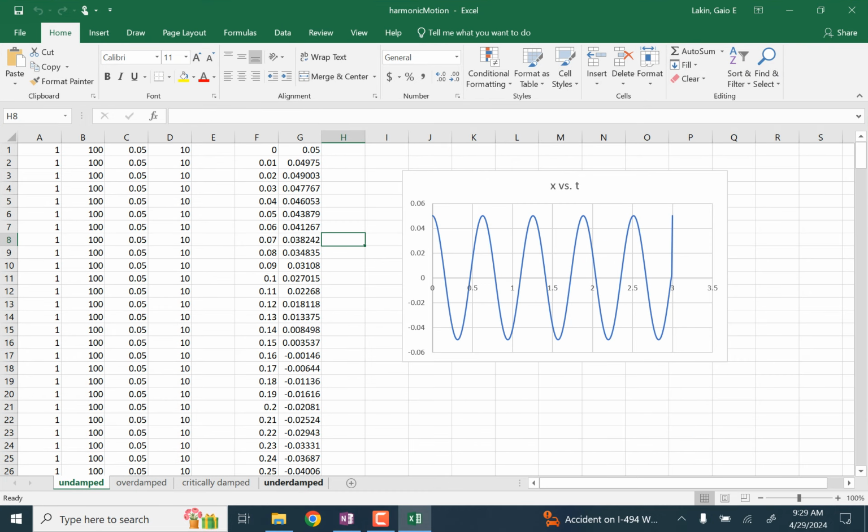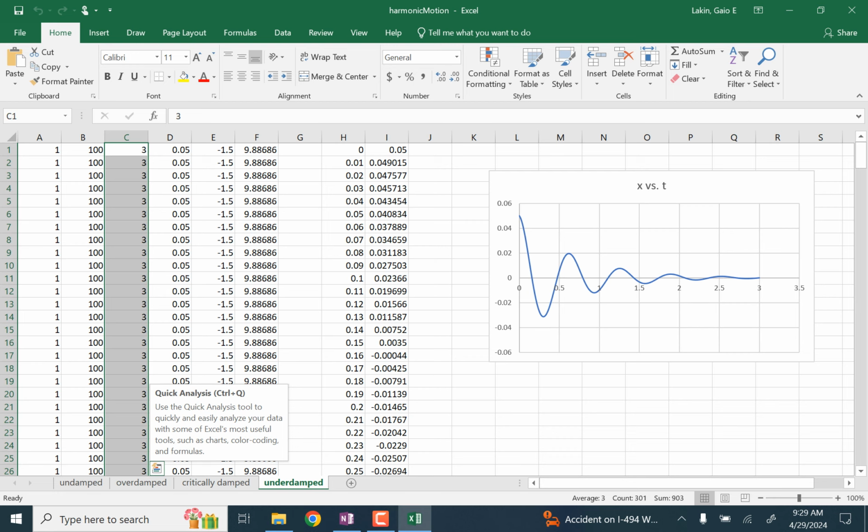Okay, so we'll go to underdamped. And this spreadsheet, this is m and this is k, right? And this is c.